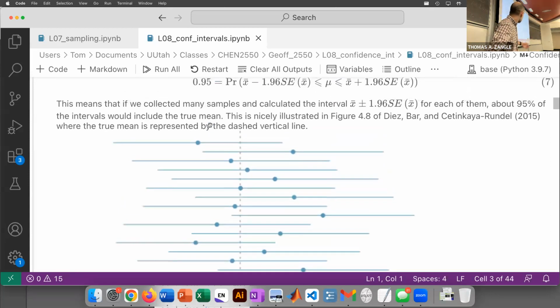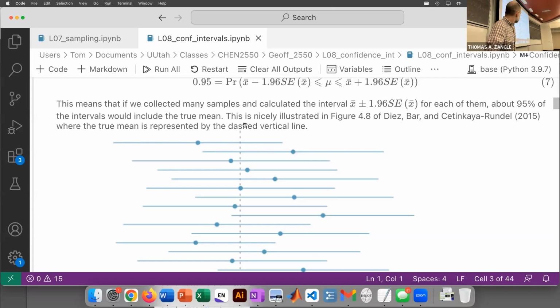Yeah, so if we're trying to translate this into an example, let's say that each dot would be like the mean of one sample of 40 students. And this would be the 1.96 times the standard error that I computed from that individual sample, right? This would be another sample that I took.